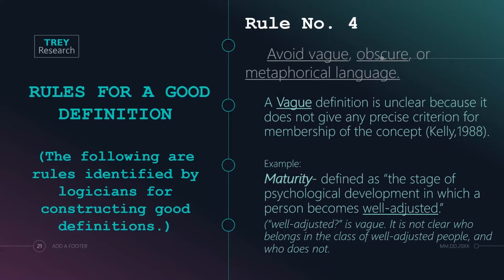A vague definition is unclear because it does not give any precise criterion for membership of the concept. For example, maturity defined as the stage of the psychological development in which a person becomes well-adjusted. The word here, well-adjusted, it quite be faulty, no? Because it is vague. What does well-adjusted mean? It is not clear who belongs in the class of well-adjusted people and who does not.